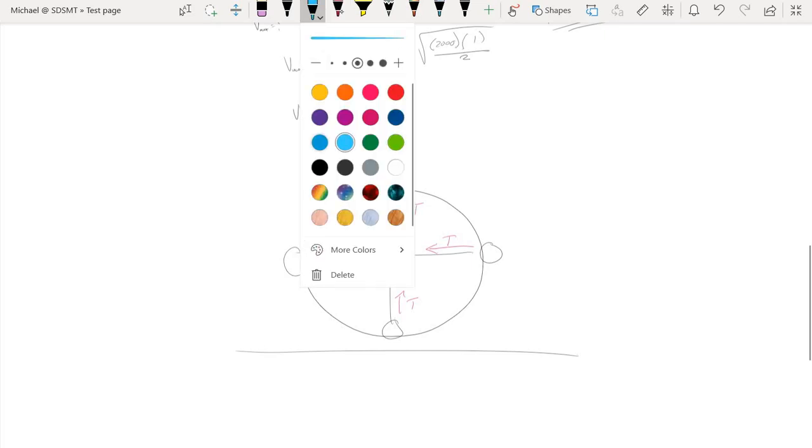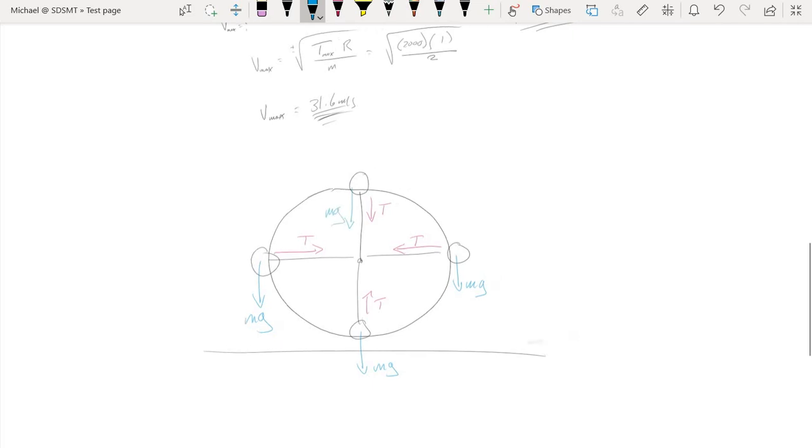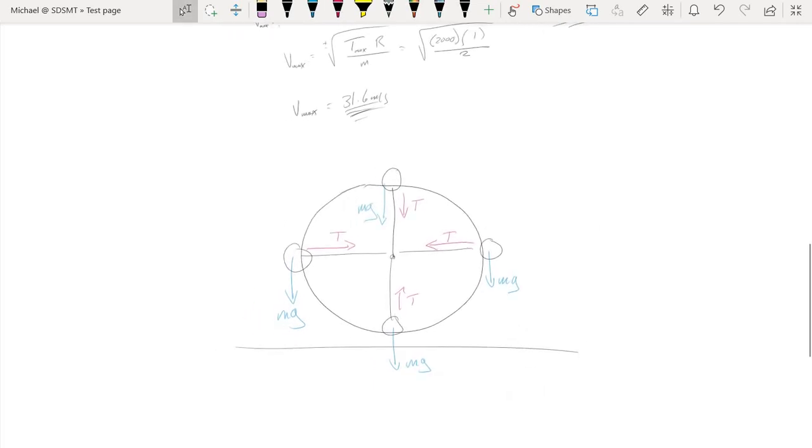But then we would have gravity to contend with at each location. In some locations, the gravity does not contribute to the centripetal motion. At other locations, it does contribute to the centripetal motion. But I think you can see here just how similar this situation is to the centripetal motion of the loop-de-loop problem.